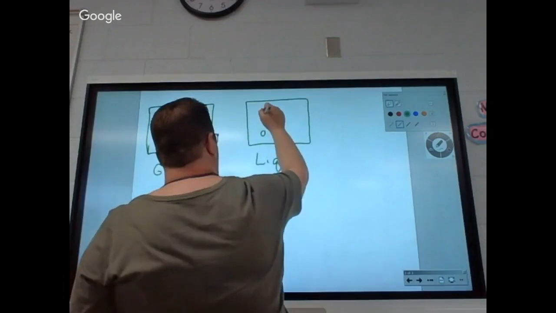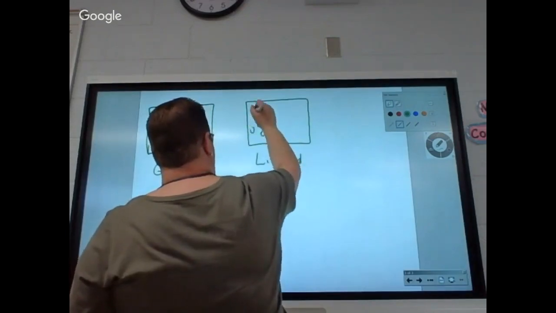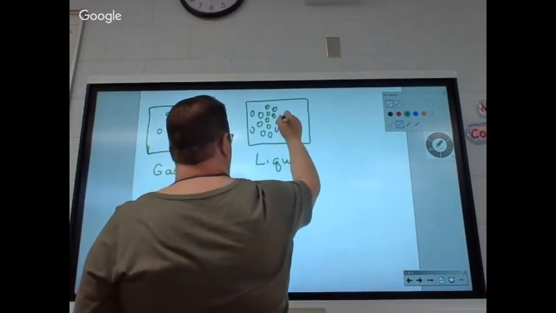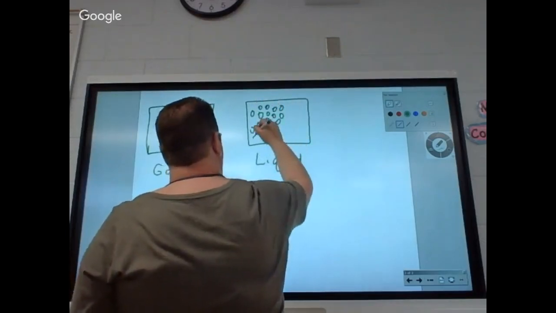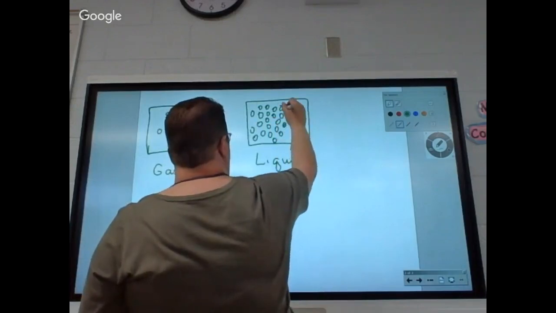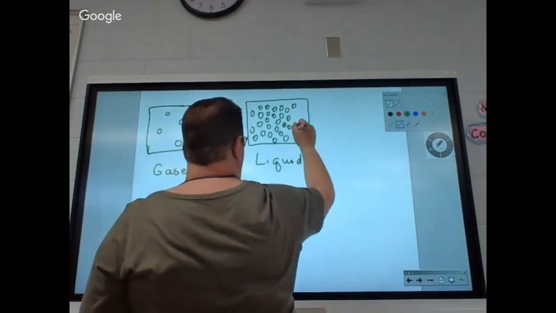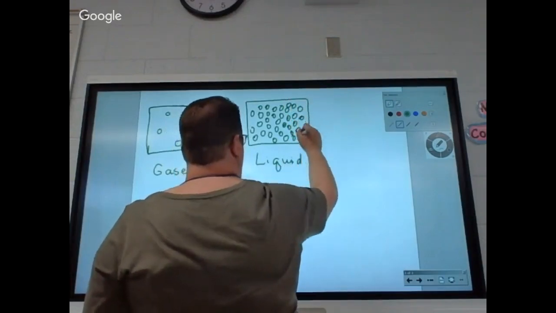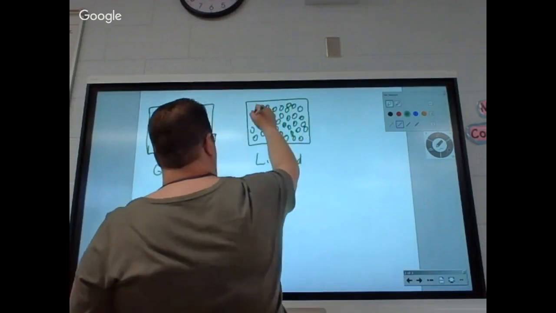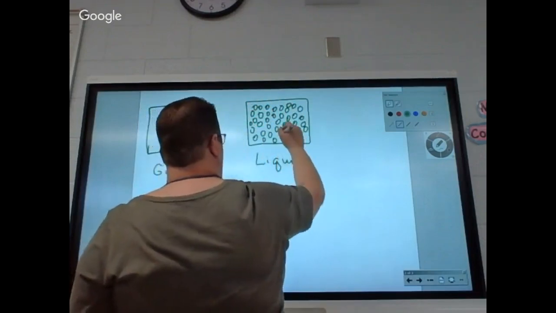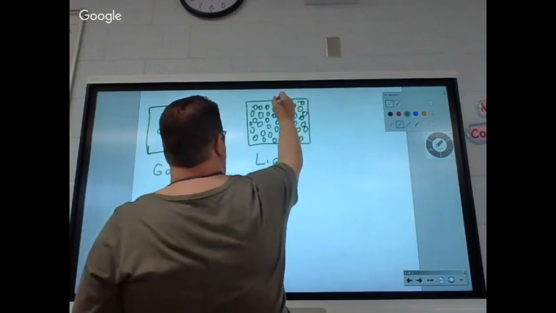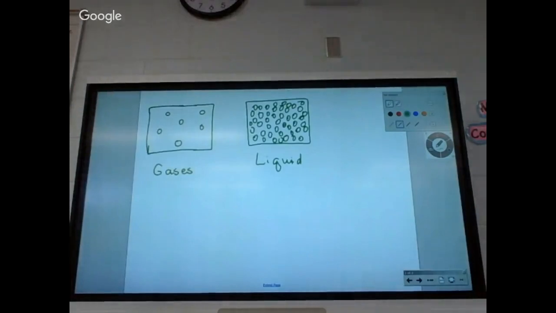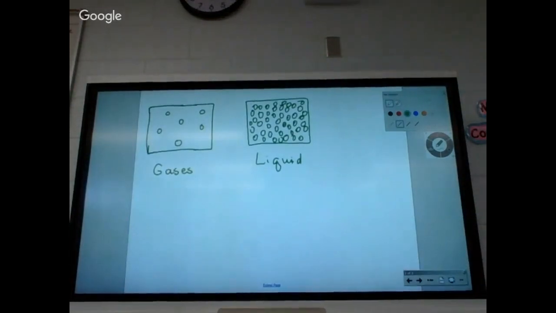Now, I'm trying to draw these the same size as the gas particles. I'm trying not to make them any smaller or any bigger. Do they look like about the same size as the ones I drew for gas? Yes.